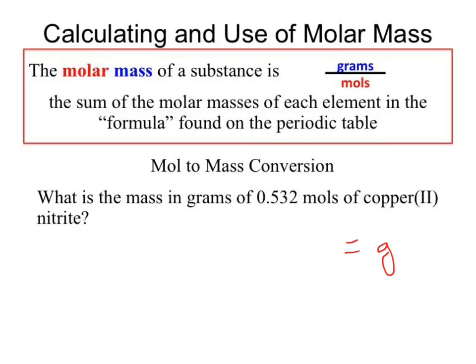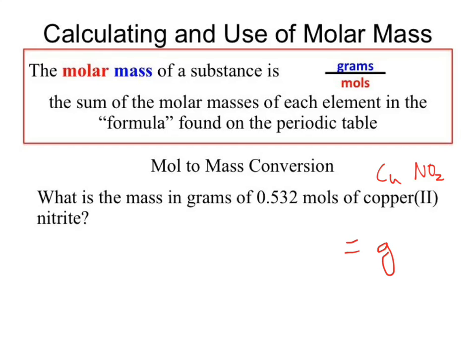Without that formula, you cannot solve this problem, which means you need to know Chapter 6, nomenclature. What we're looking at is copper nitrite: CuNO2. I am still working on trying to figure out how many of the polyatomic ions you need to have memorized, if you've got to have them memorized. It's still in the works for the final.